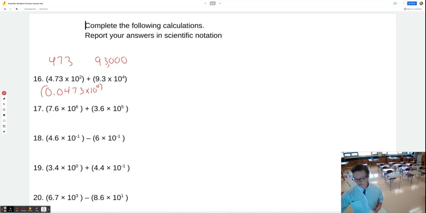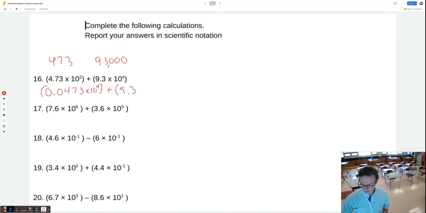I haven't changed the actual number. I'm just adjusting the value of the exponent so that then I can add these two numbers together fairly, right? Because 4.73 times 10 to the 2nd is much smaller than 9.3 times 10 to the 4th. So I have to move that decimal place over to make it line up properly.